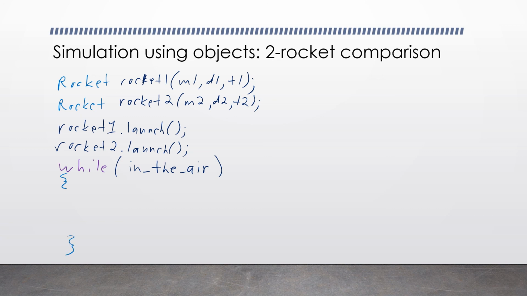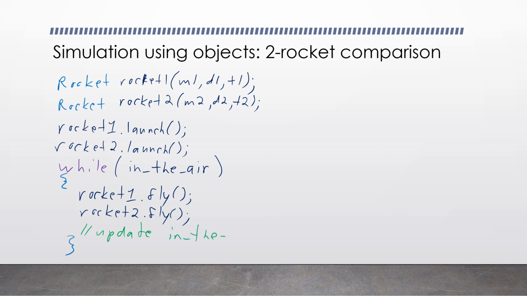And during that, we're going to call rocket 1 dot fly, rocket 2 dot fly, and then we'll update in the air by checking the position. We'd call rocket 1 dot get position and rocket 2 dot get position to find out if they're still in the air.